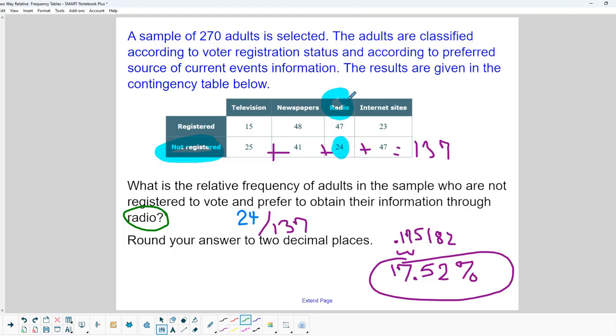So of those who get their information from radio and who are not registered to vote, that is 24. Now, the total number of people who are not registered is 137. So 24 divided by 137 is 0.175182, which when we move the decimal over 2 places and then round it to 2 more decimal places, we get 17.52%.